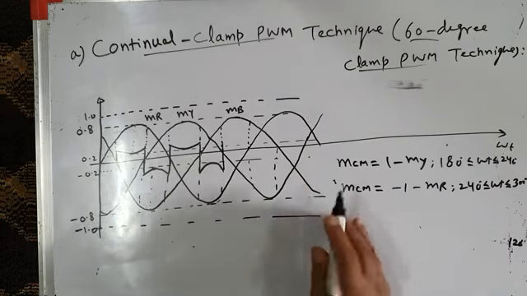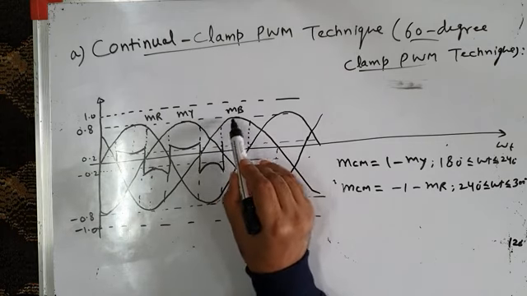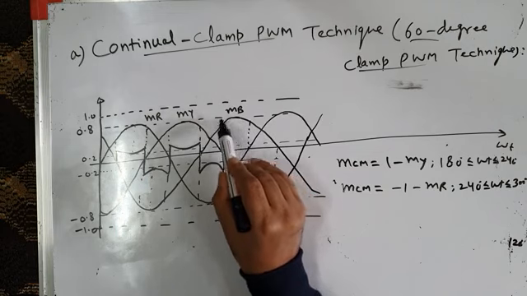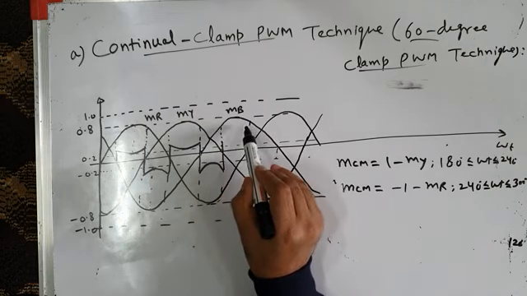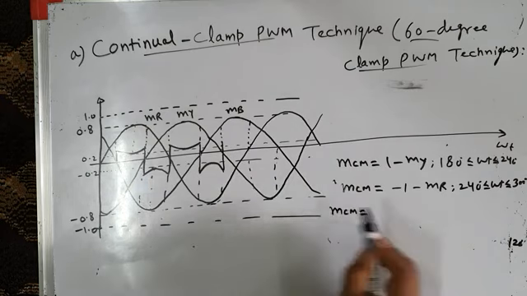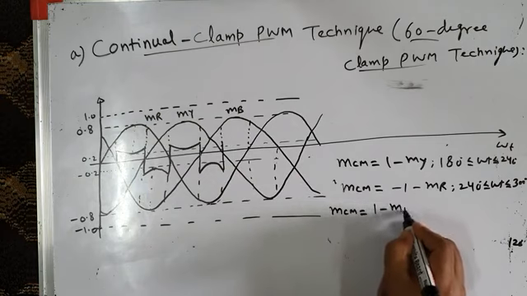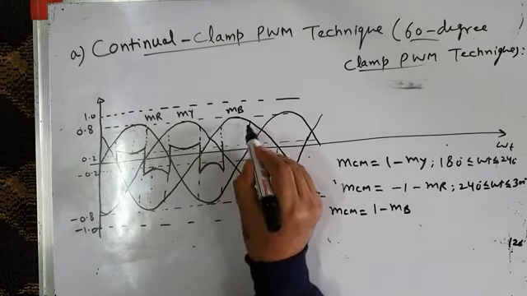Then let us move ahead. And during this 60 degree interval, MB is having maximum positive value, and we want to clamp phase leg B to positive DC bus during this interval. For that purpose, we need MCM, common mode signal, and this common mode signal over this 60 degree period is given by 1 minus MB, because MB is having maximum positive value.